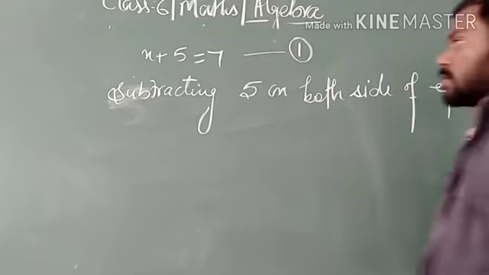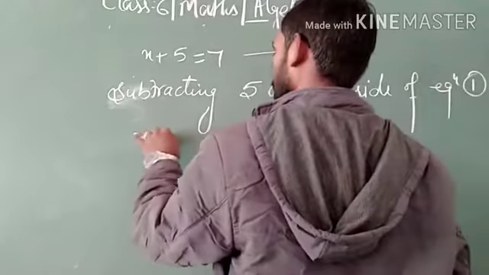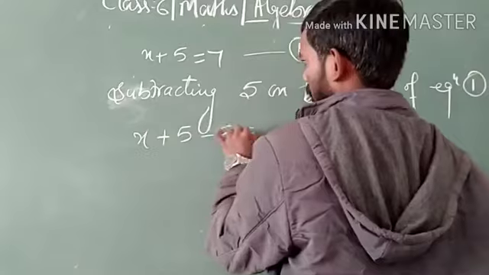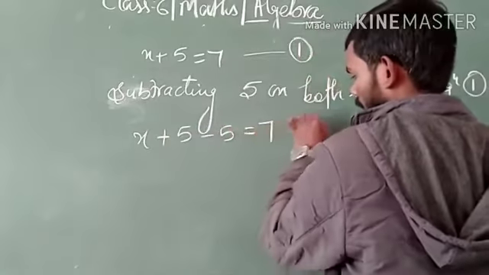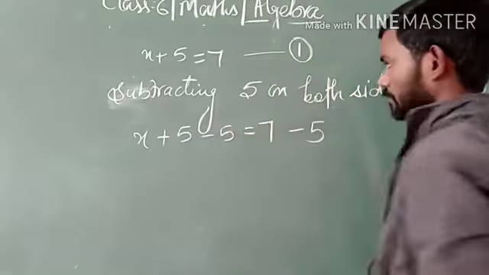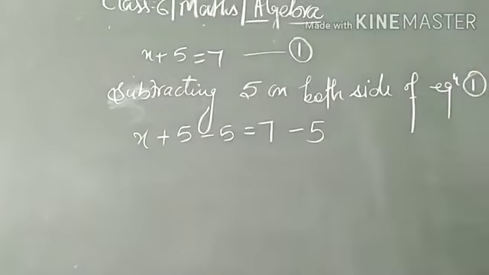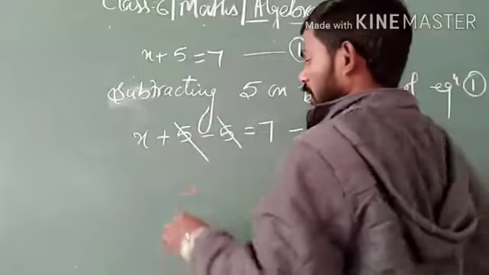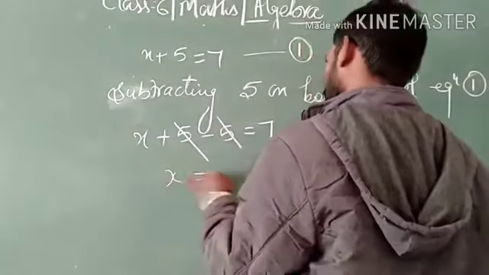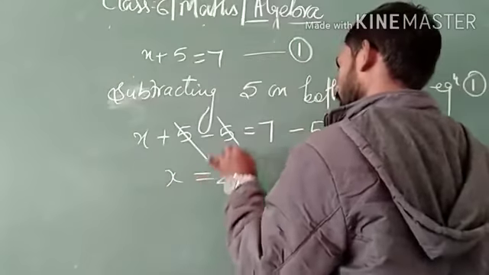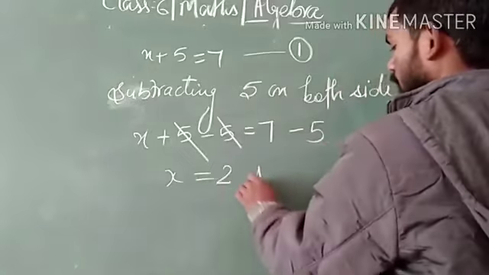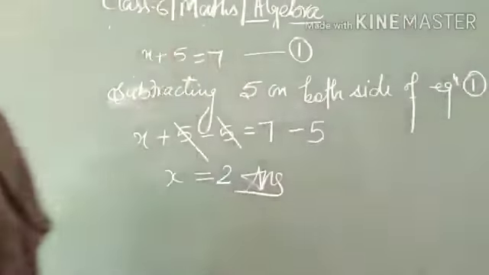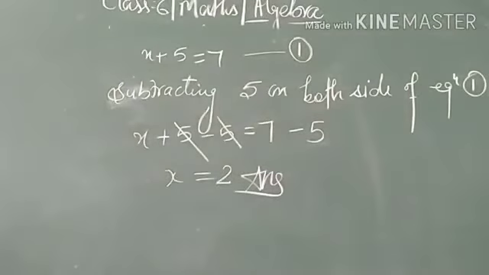We get x plus 5 minus 5 is equal to 7 minus 5. So here the 5 and 5 cancel out, and we get x is equal to 2, which is the required result. Okay students, so I hope it is clear to everyone.